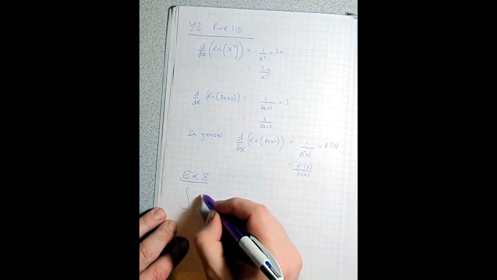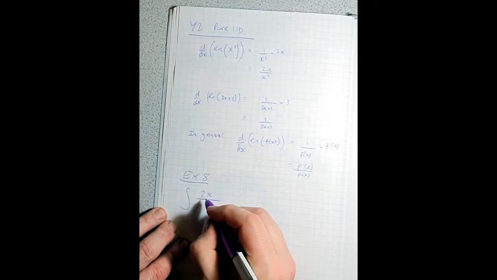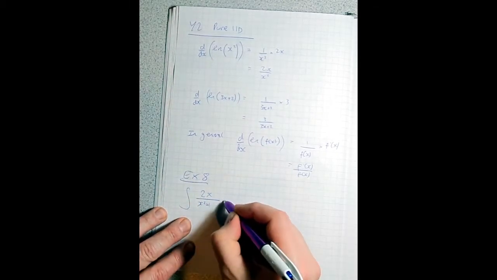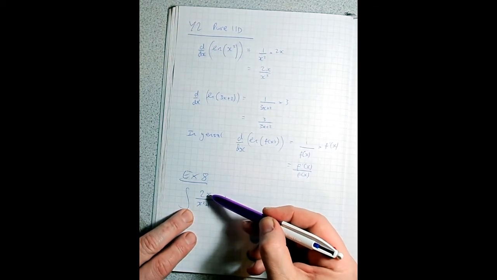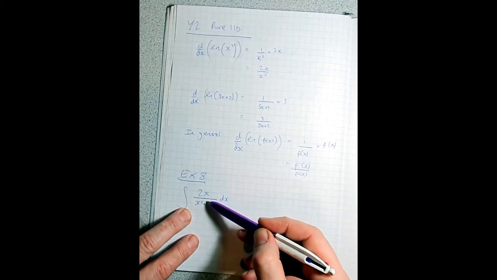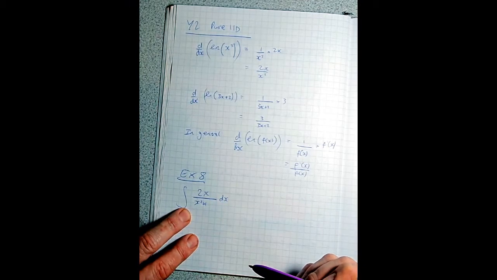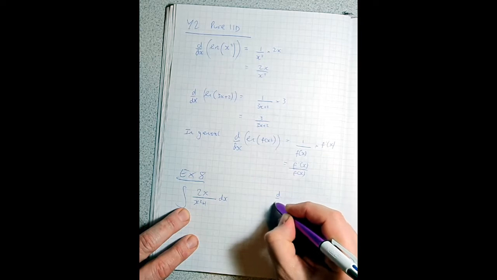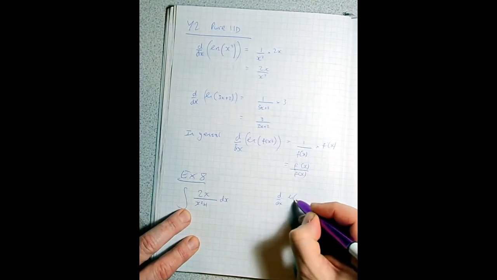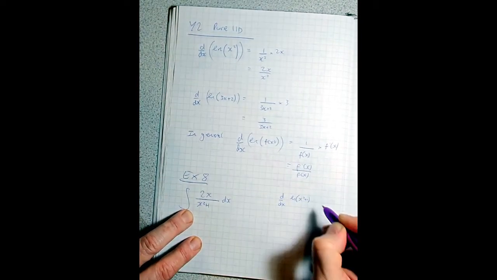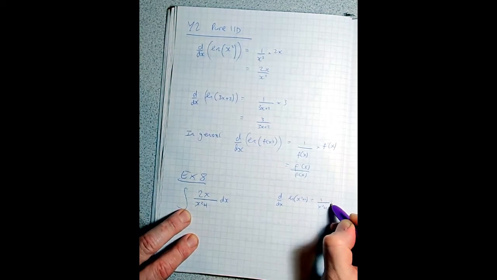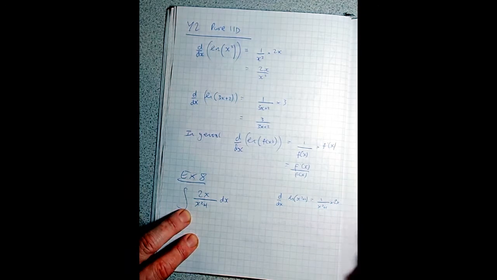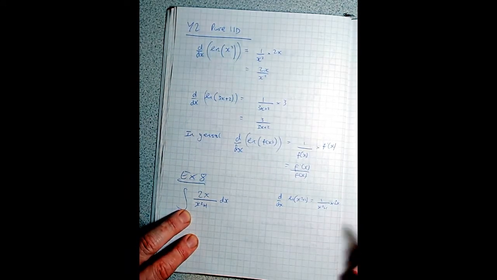Example 8, the integral of 2x over x squared plus 1 dx. Well, I recognise that the numerator is the derivative of the denominator. And I've spotted that because I've done a billion of these. So I'm going to attempt to differentiate the log of x squared plus 1. Well, that's going to give me 1 over x squared plus 1 multiplied by the derivative of my function, which is 2x.